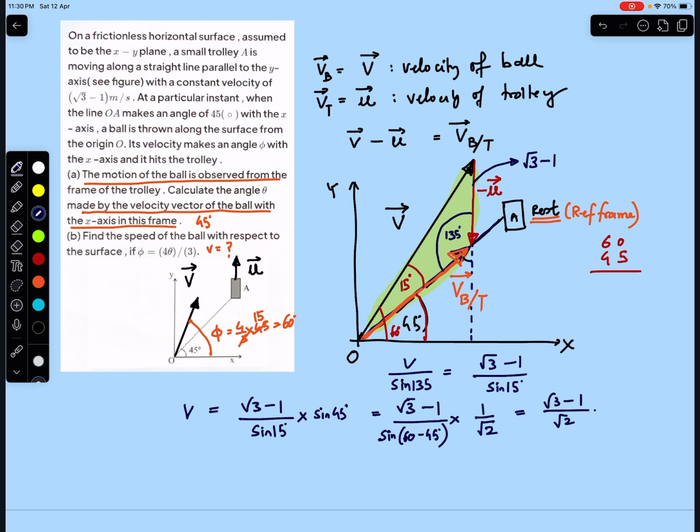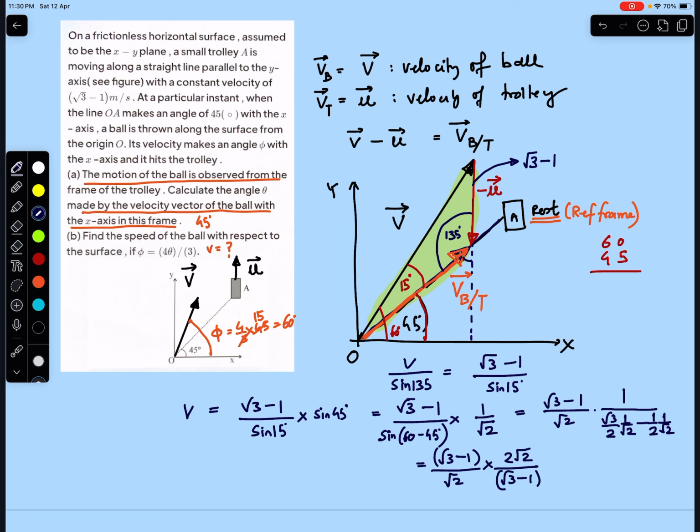So sine 60 minus 45 is sine A cos B, that is root 3 by 2 into cos 45, minus cos A sine B, half into 1 by root 2. Therefore it is root 3 minus 1 divided by root 2, and here you have 2 root 2 and you have root 3 minus 1.